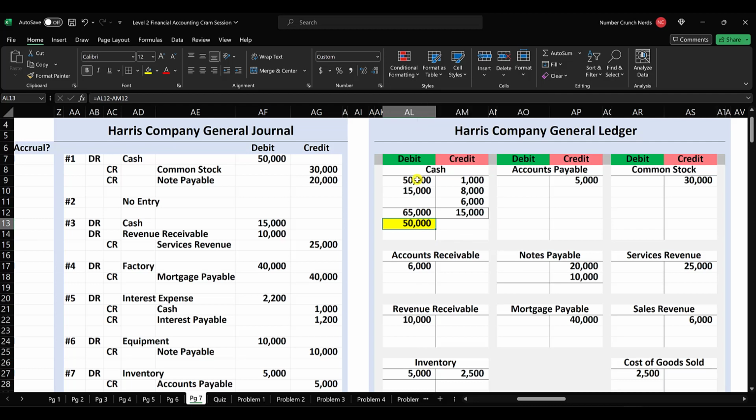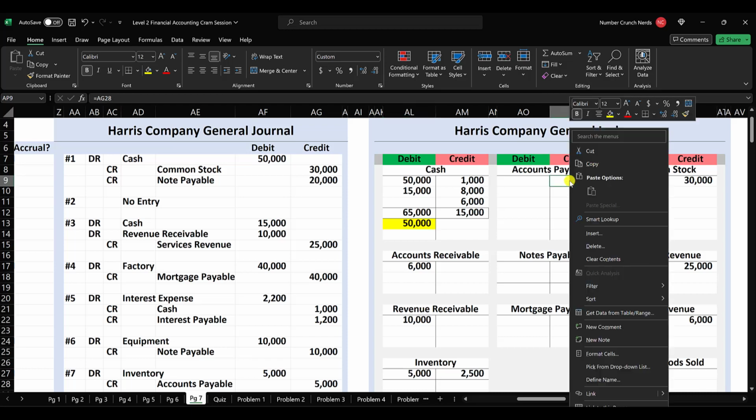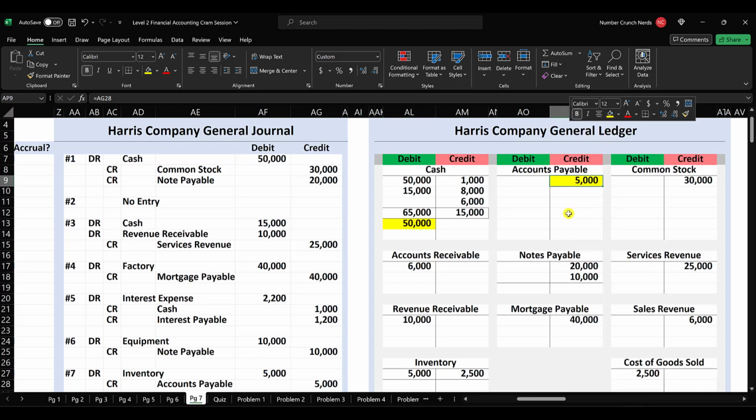So it was $65,000 in debits. There was $15,000 in credits in this account during the period ended March 31st, 2022. So there were 65 debits, 15 credits. The cash account has a debit balance of $50,000. The accounts payable has a credit balance of $5,000.